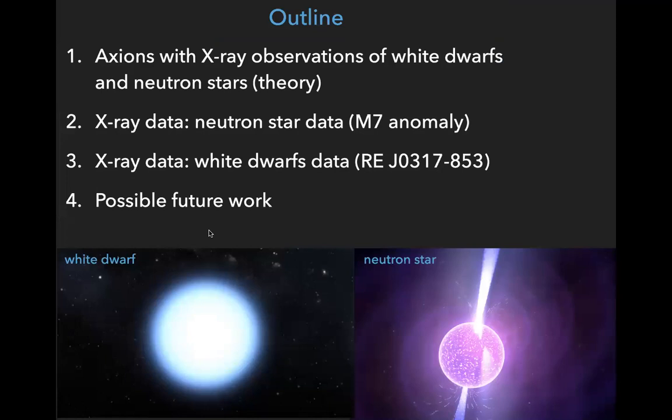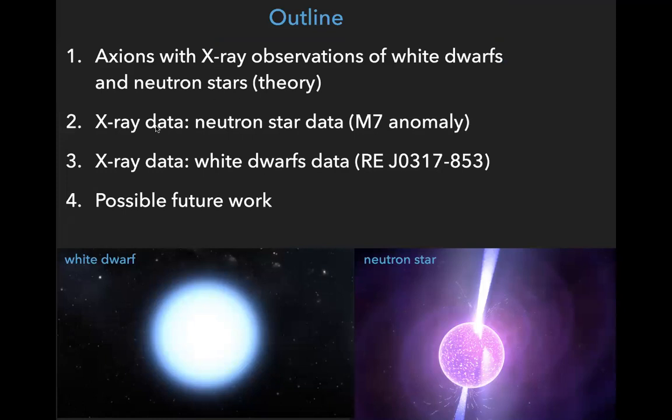Okay, so with that said, here's an outline for the remainder of my talk. I'm now transitioning to my work. So I'm going to begin by overviewing the theory of X-ray observations of white dwarfs and neutron stars as probes of axions. I'll be talking about white dwarfs and neutron stars at the same time because the theory is very parallel.